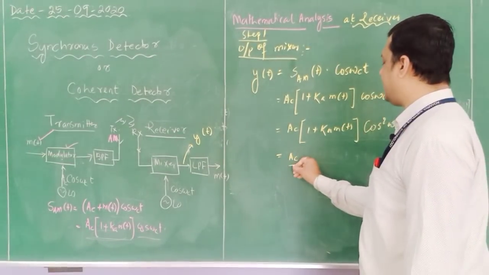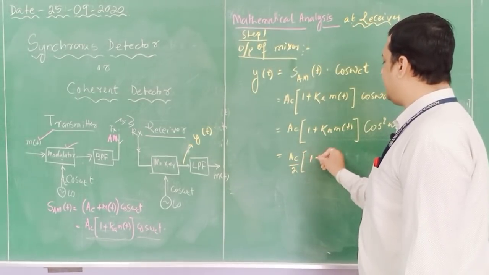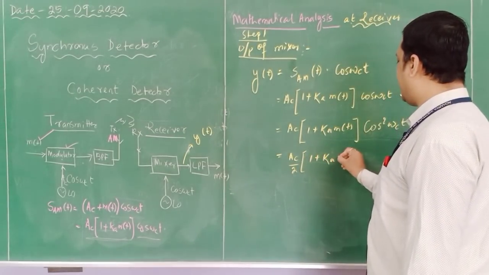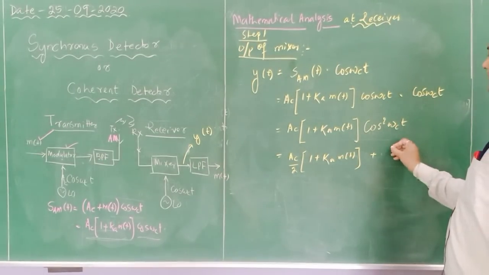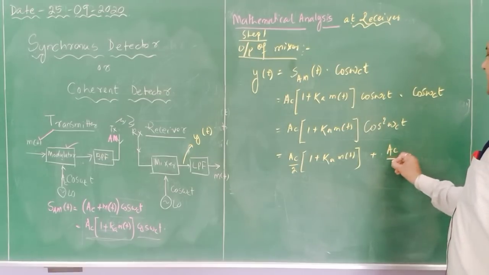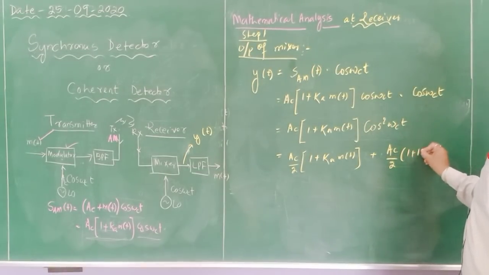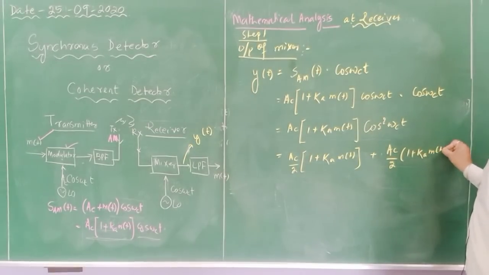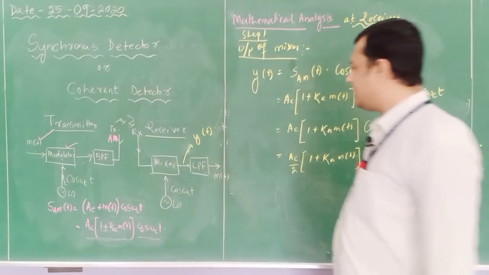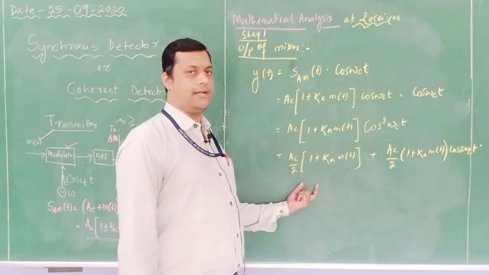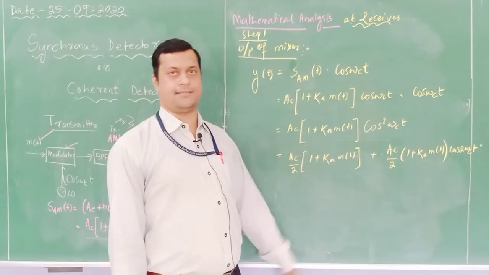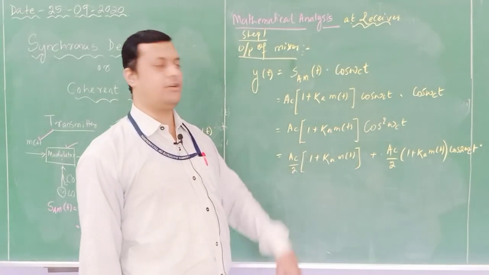One component is Ac/2 into (1 + Ka m(t)), and another one is Ac/2 (1 + Ka m(t)) cos 2 omega c t. Now what does this indicate? It indicates the presence of the modulating signal, presence of DC component and presence of harmonic component.